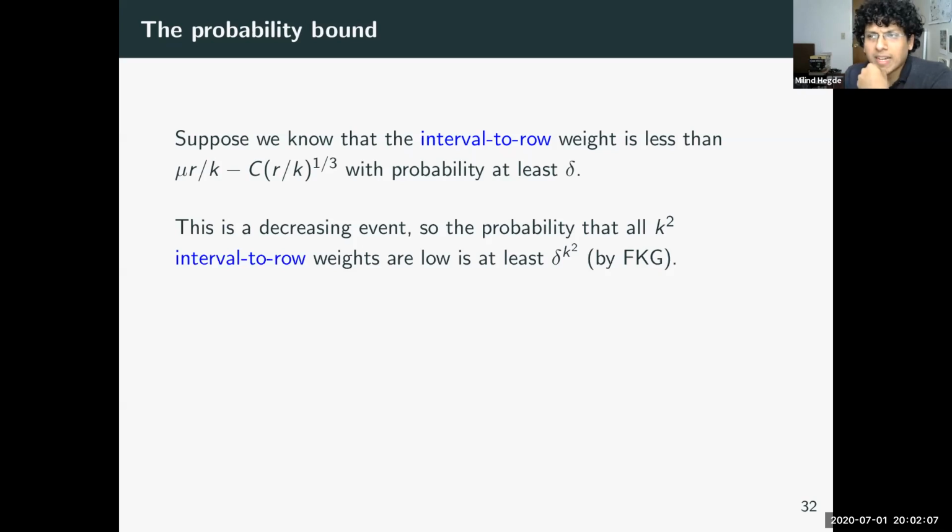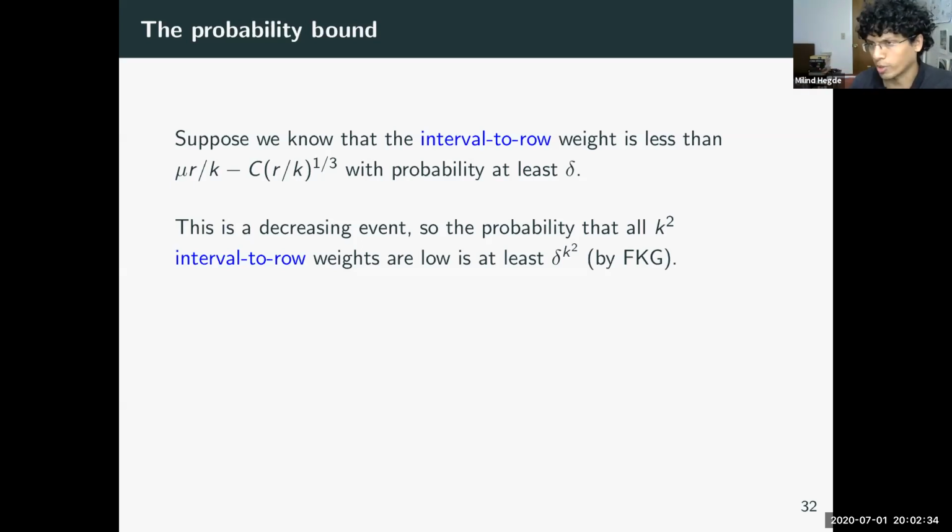Well, the nice thing about this event is that it's a decreasing event. So a decreasing event means, suppose you have a configuration of the environment, and the configuration is such that an event happens. So in this case, the interval-to-row weight is less than this quantity. Now suppose you take that configuration and you reduce some of the weights in the configuration. Some vertices, you reduce their weights in whatever fashion.